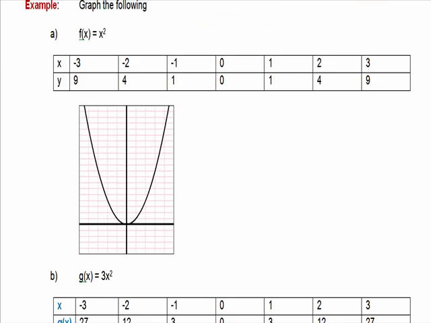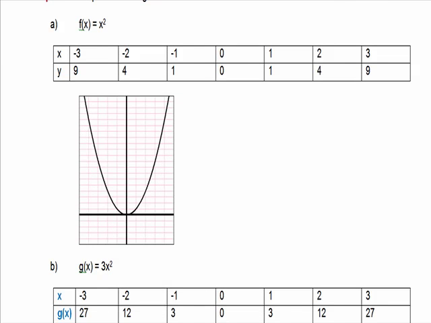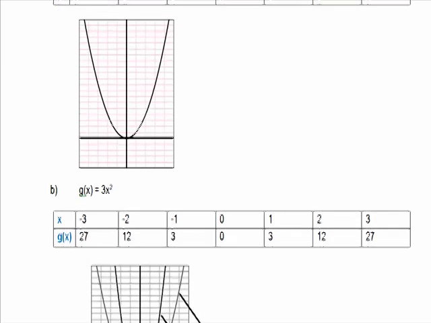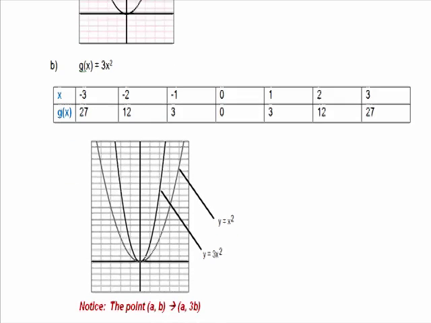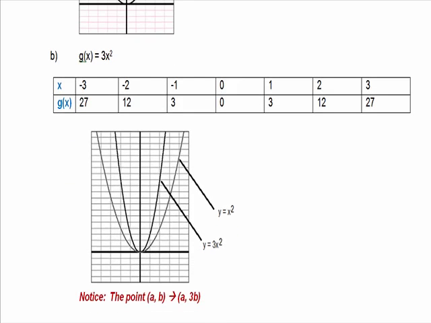Now what I'd like to take a look at, though, is g(x) is 3x squared. I put the original x squared and the 3x squared on the same graph, and you'll notice the shape is the same, but it's almost as if I took the two tails of the parabola and just moved them straight up.